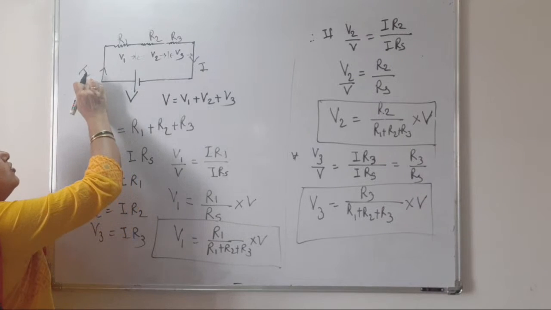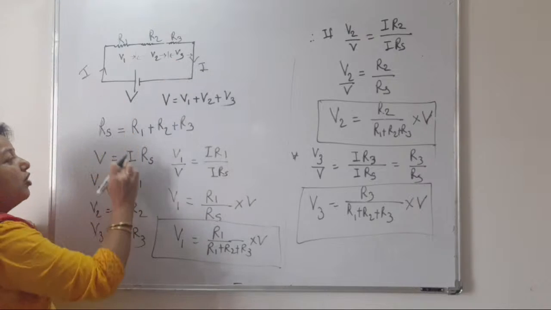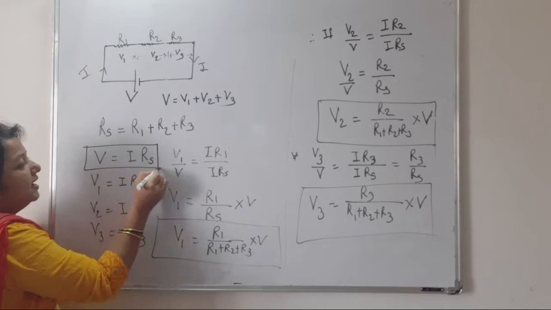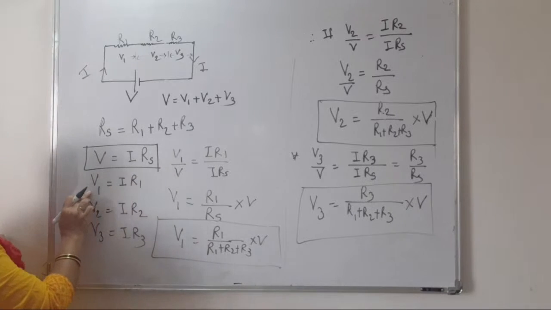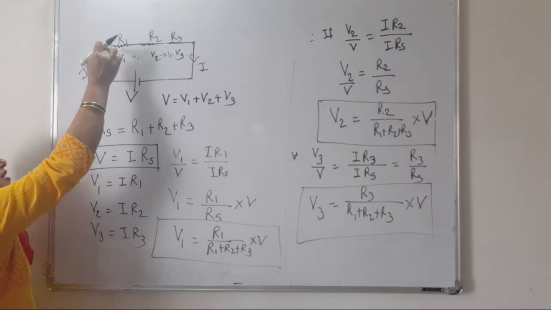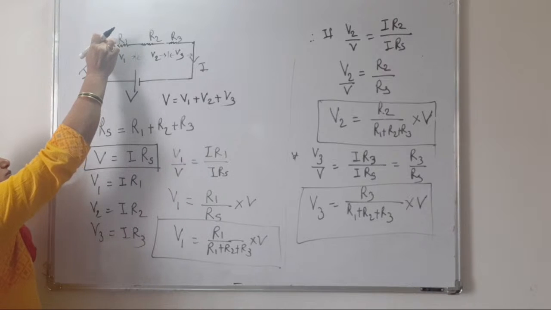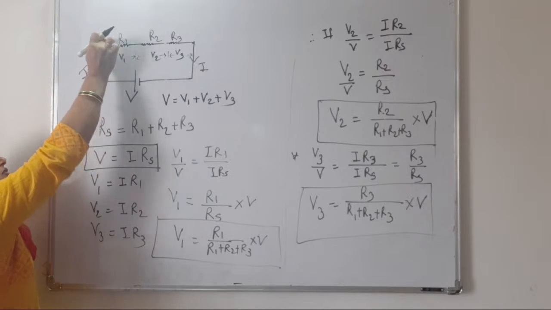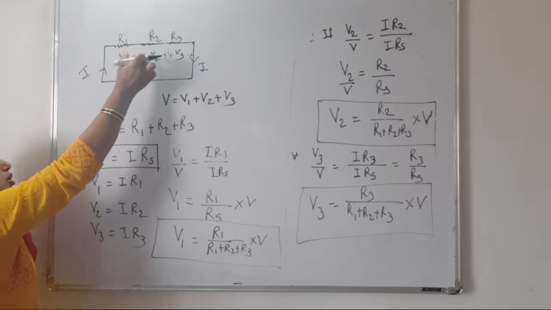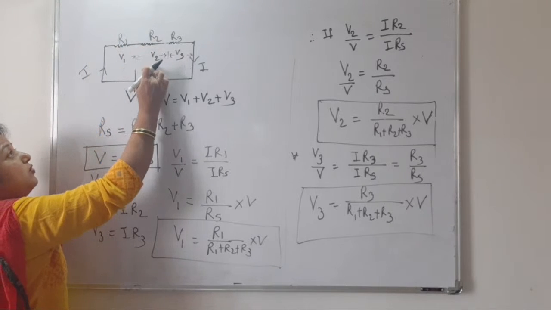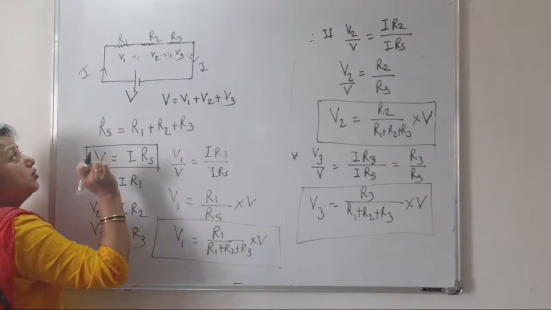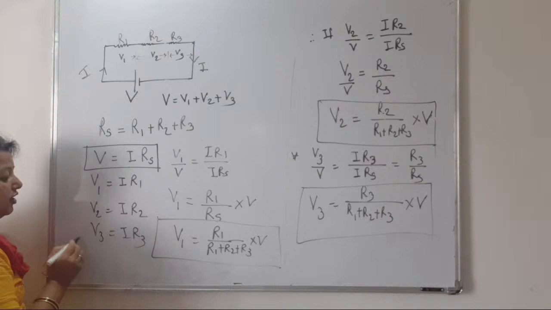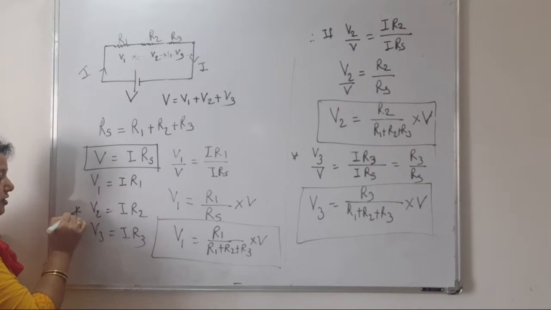Therefore, V is equal to I into RS. What is the overall resistance? RS. Like that, we write for V1. V1 is equal to I into R1, where I is the current through this resistance, according to Ohm's law. V2 is equal to I into R2. V3 is equal to I into R3. According to that, we write all these steps.